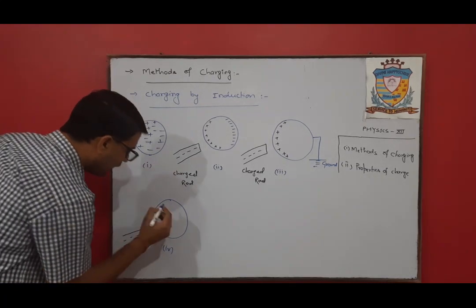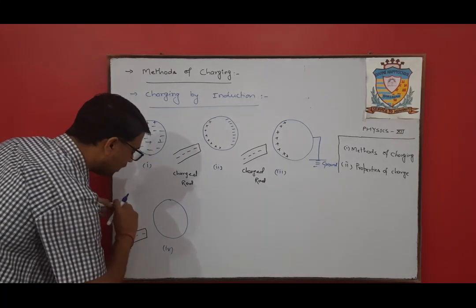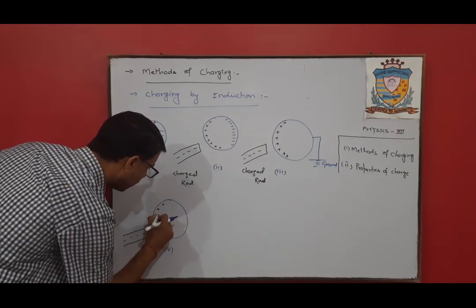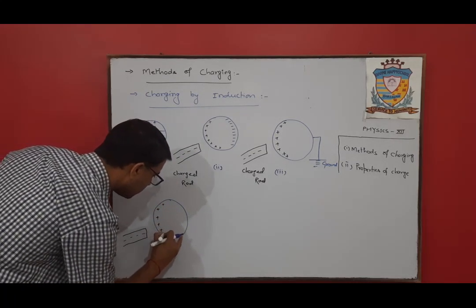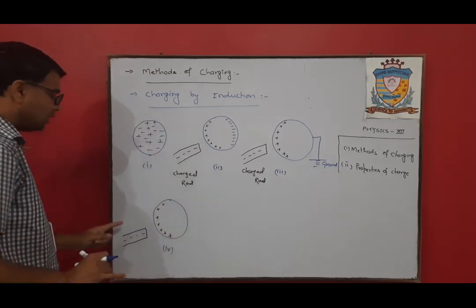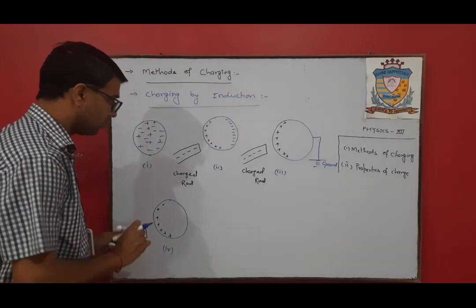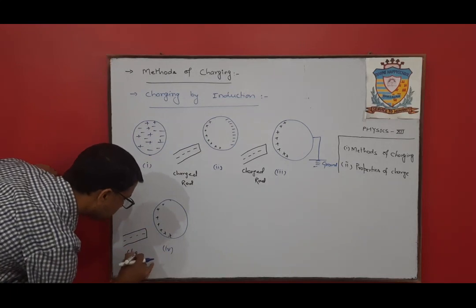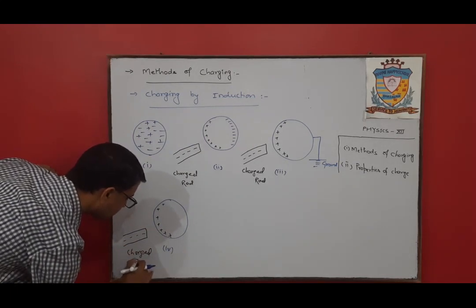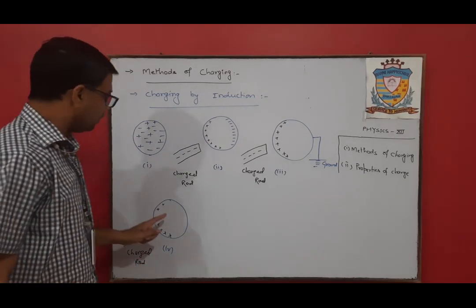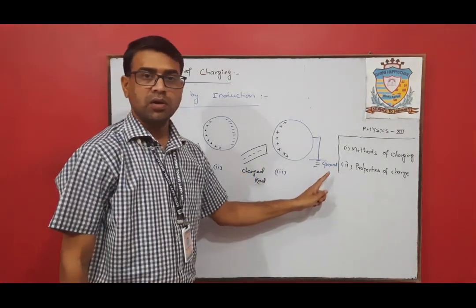Now in case 4, we can see this metal sphere has only positive charge near the end of the charged rod. What we will do is simply remove this contact.